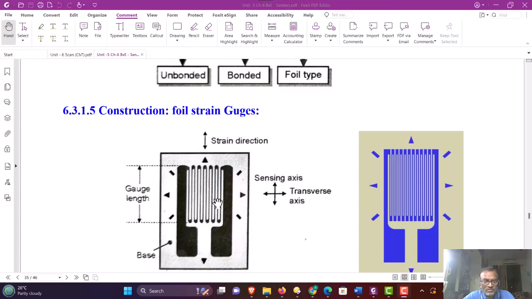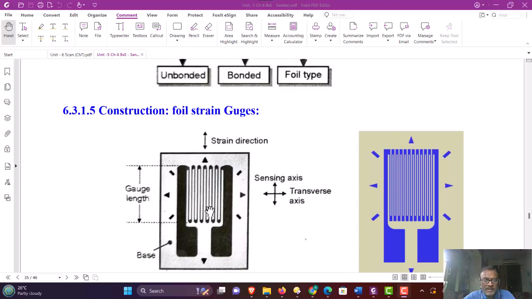And as we know, if the diameter of the metallic wire is reduced, the resistance of the wire will increase. Therefore, elongation of the strain gauge wire increases the resistance by an amount delta R, which is proportional to applied strain.